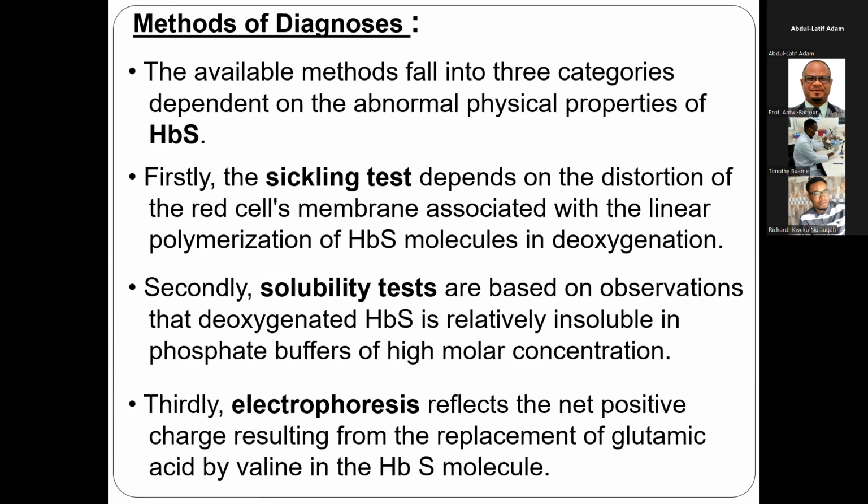So when the cell has hemoglobin S and you put it into the phosphate buffer, there will be precipitation, and therefore you don't see through the test tube. And I'll show you a picture. So then the third one is the almighty hemoglobin electrophoresis that reflects the net positive charge resulting from replacement of glutamic acid by valine in the hemoglobin S molecule.